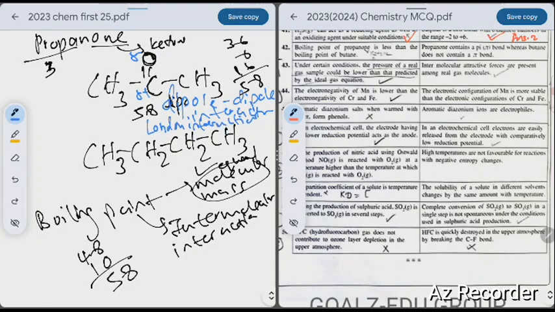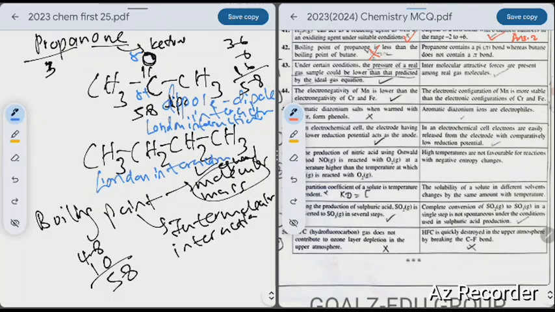But this alkane does not have any dipole-dipole interactions. It has only London interactions. Therefore, higher interactions are present in propanone. So the boiling point of propanone should be higher than the boiling point of butane. But in this answer, they say the boiling point of propanone is less than that of butane. So that is wrong. The first answer is wrong.